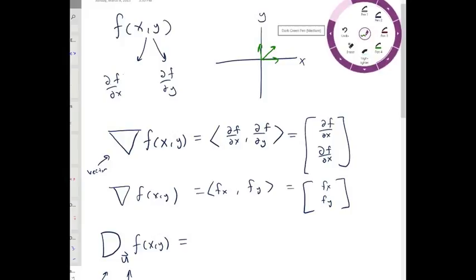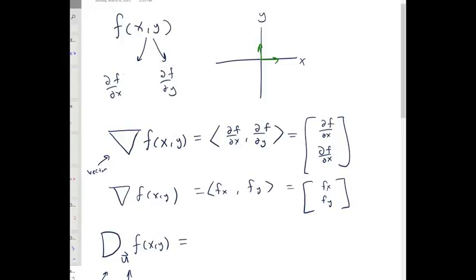So like before we had df dx, so our unit vector would have been 1, 0, and going in the y direction our unit vector is 0, 1. If we're going 45 degrees, then we're going to have 1, 1 divided by the magnitude of 1, 1, which is 1, 1 over the square root of 2.